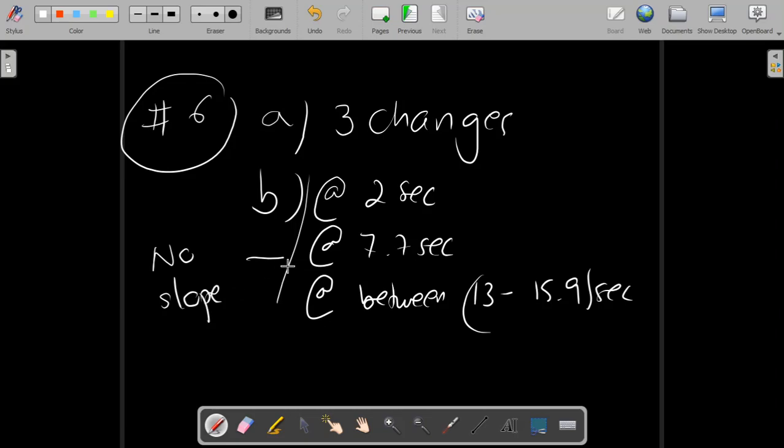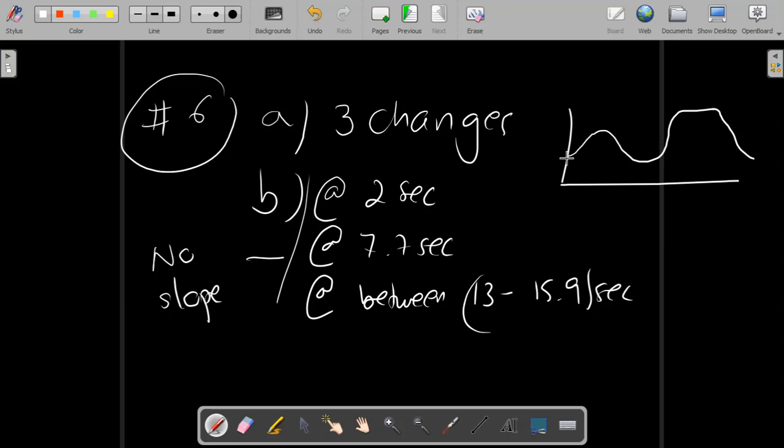Now, if you don't know why this is so, let me draw the graph and try to explain it to you. The graph is similar to this. I'm not going to put numbers, but it goes like this, and then it goes up, then it plateaus, and then it goes down.